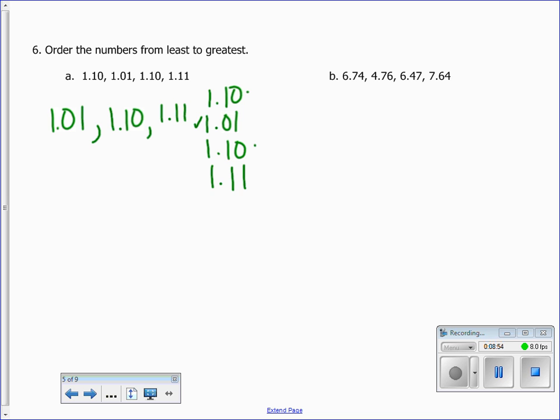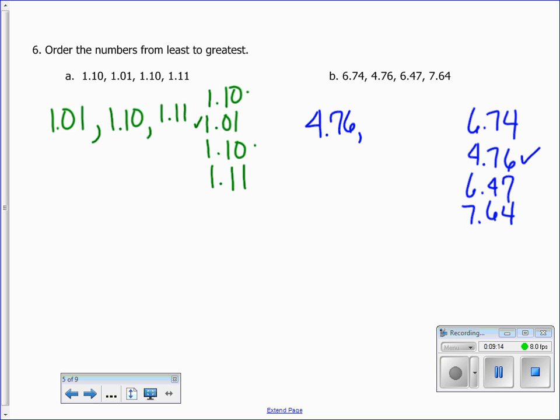Now let's go to B. Do the same. Going from left to right, least to greatest. Back and checking your work. And there you go.